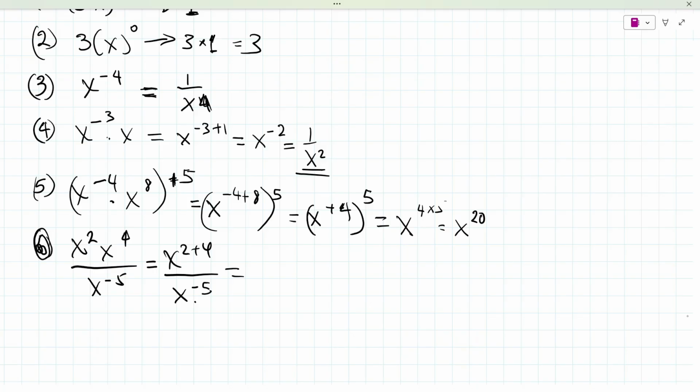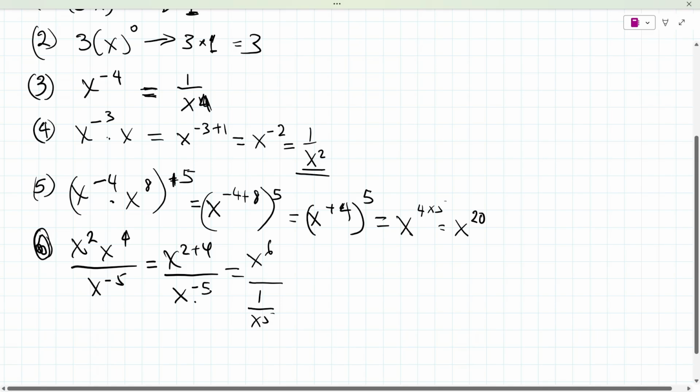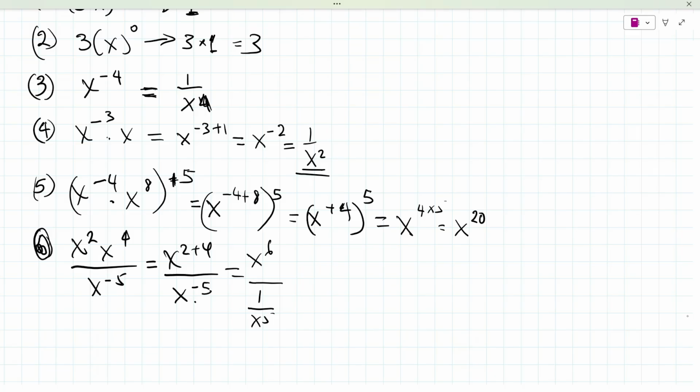And this will become x to the power 6 divided by 1 over x to the power 5. Just because we have a minus power here for x, it becomes the reciprocal of that value with a positive exponential value. So then this becomes x to the power 6 multiplied by x to the power 5. And this will eventually give us x to the power 11.